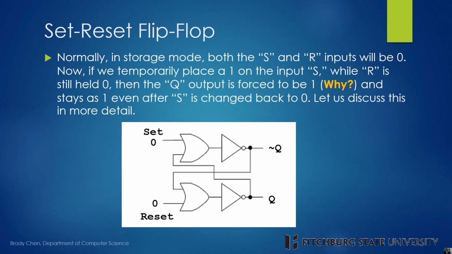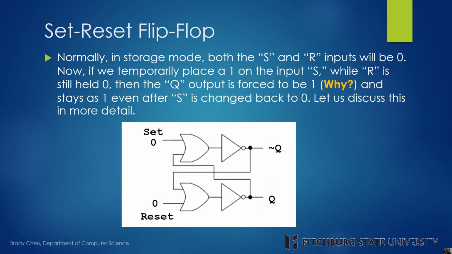Now let's take a look at how the SR flip-flop works. Let's assume that the flip-flop is in storage mode, which means that both the set input and the reset input are 0. So now the value Q is the stored data.